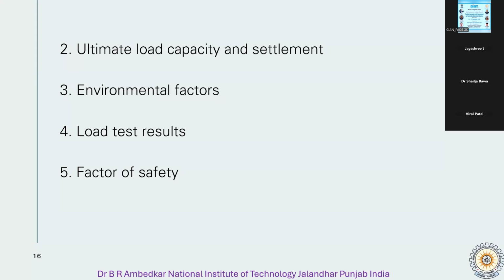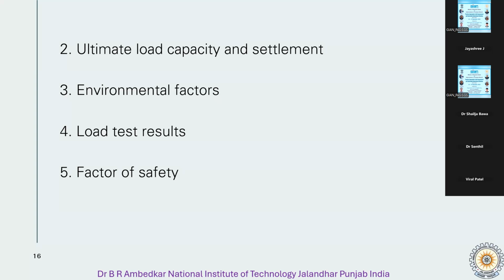So we will install one stone column for testing prior to installing all the columns. Then comes the environmental factor, like if some aggressive environment or some agent like that is there, what is the condition of the groundwater, what are the chemicals in the subsoil. All those factors are taken into account.